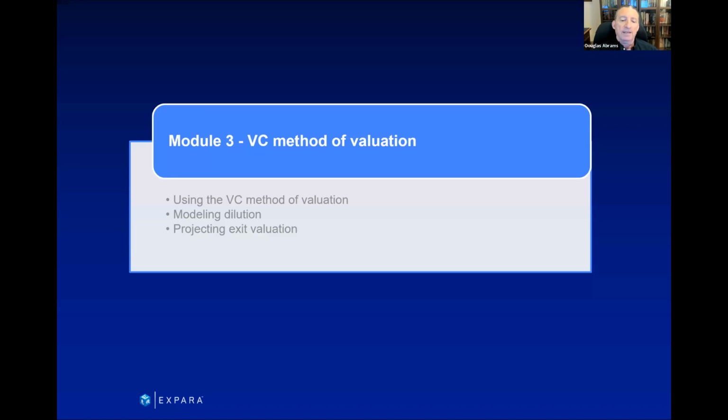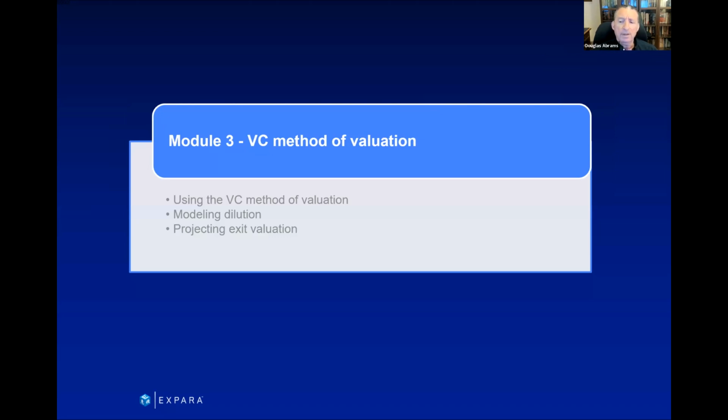Specifically, it values a startup from the perspective of the venture capital investor, taking into account that the venture capital investor is looking to generate a return in the startup through capital appreciation, not through a combination of capital appreciation and dividends.